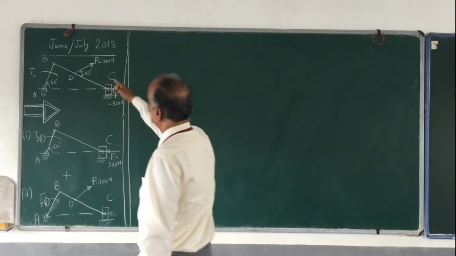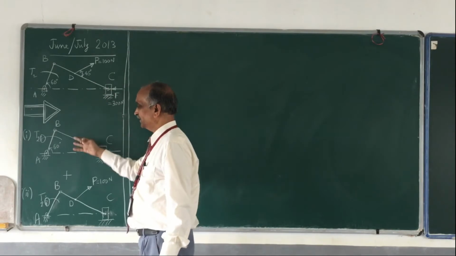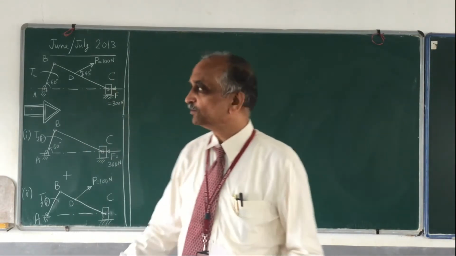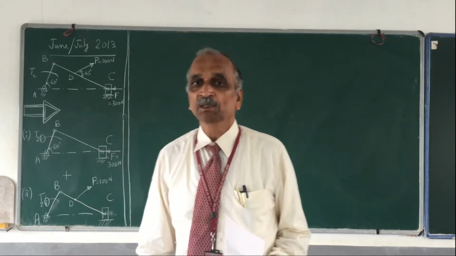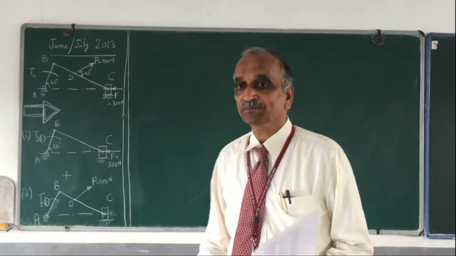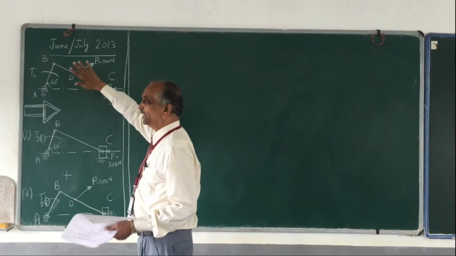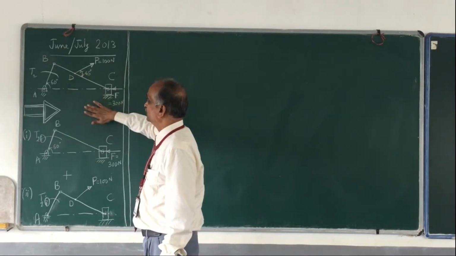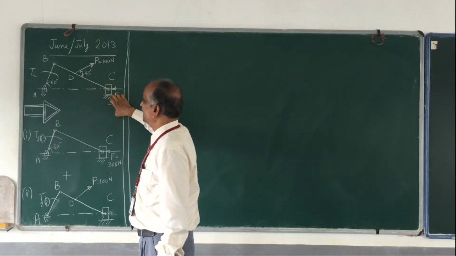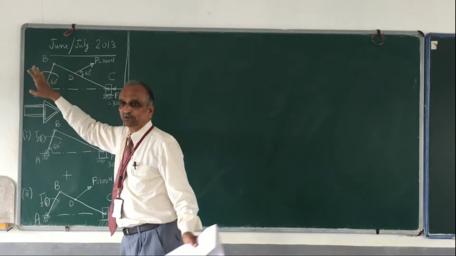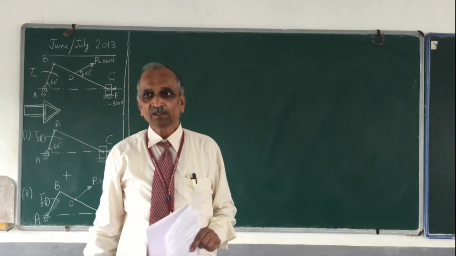Now, this problem I have written like this, and on what basis? This is using the principle of superposition. Coming to the application of the principle of superposition, there are two forces P and F. Due to this, what is the value of T2 that has been asked?